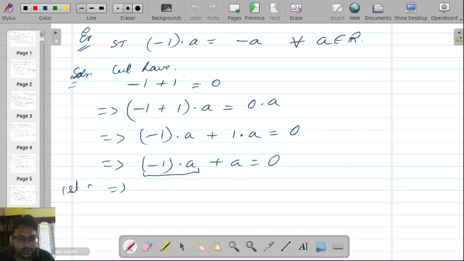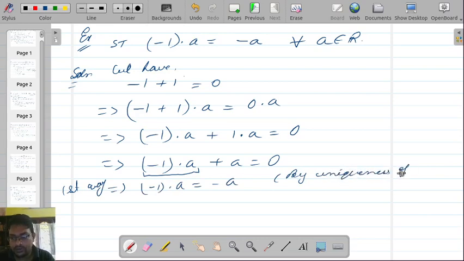So the first way is you do it this way. So minus 1 into a has to be minus a, by the uniqueness of the additive inverse.